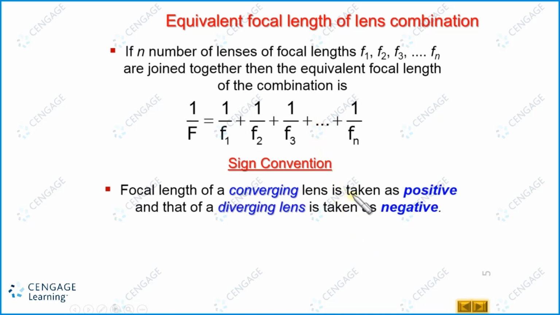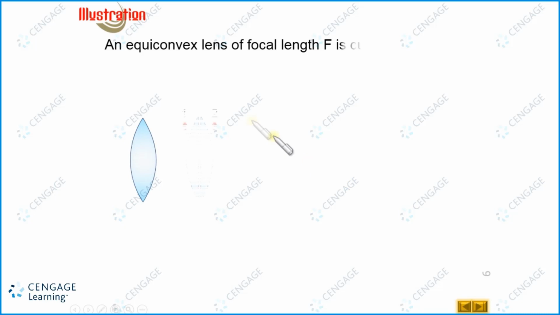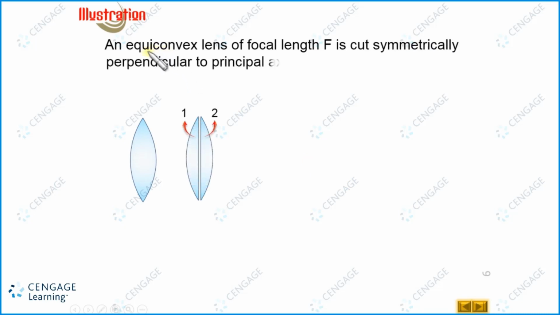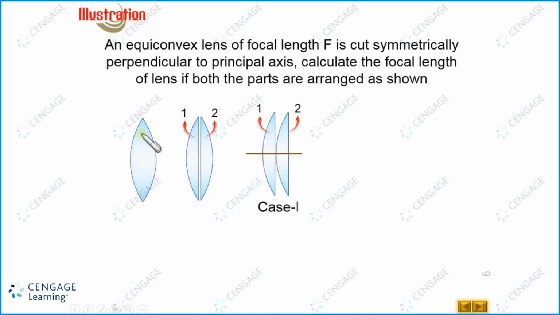Now we are going to apply the concept through certain selected illustrations. In this illustration, we are given an equiconvex lens of focal length capital F. This lens is cut symmetrically perpendicular to the principal axis.